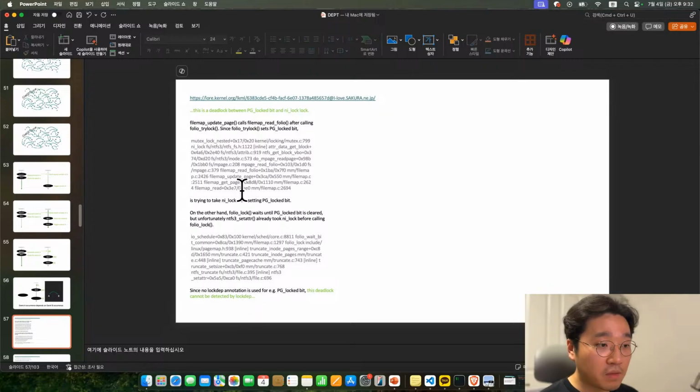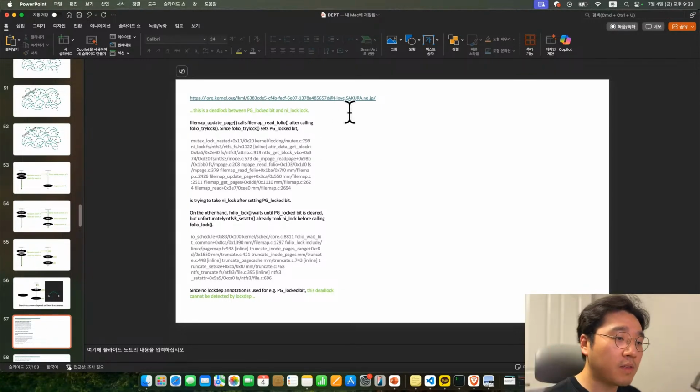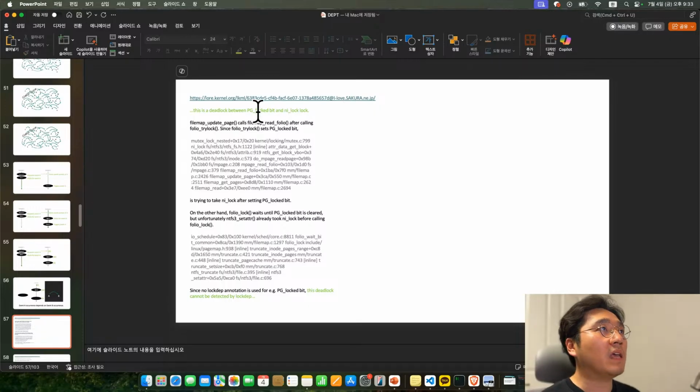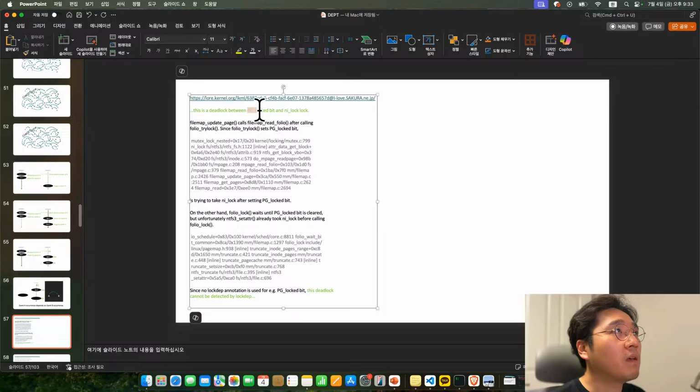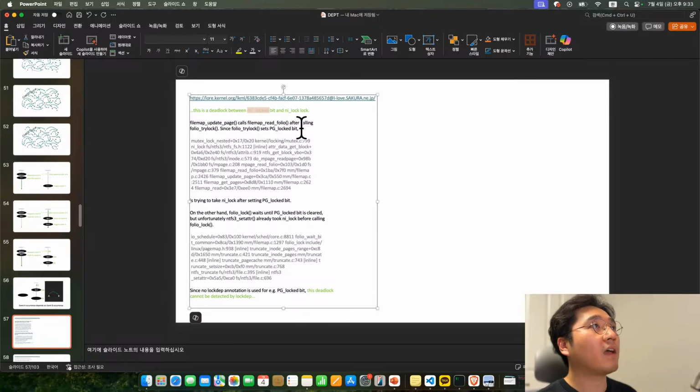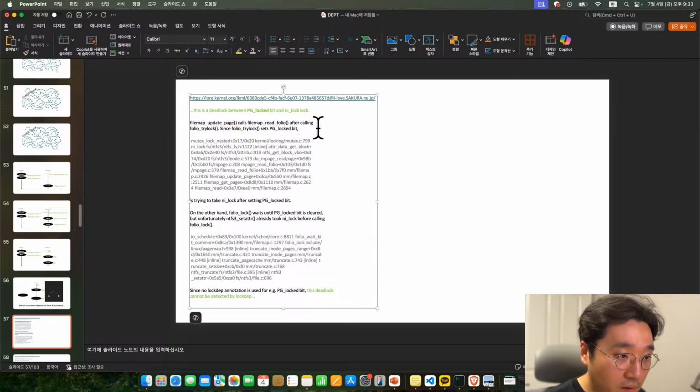I will share this link in the description after this session, but this point is important, right? The deadlock is folio trylock. This is a waiter, not a lock. So this is the important point.